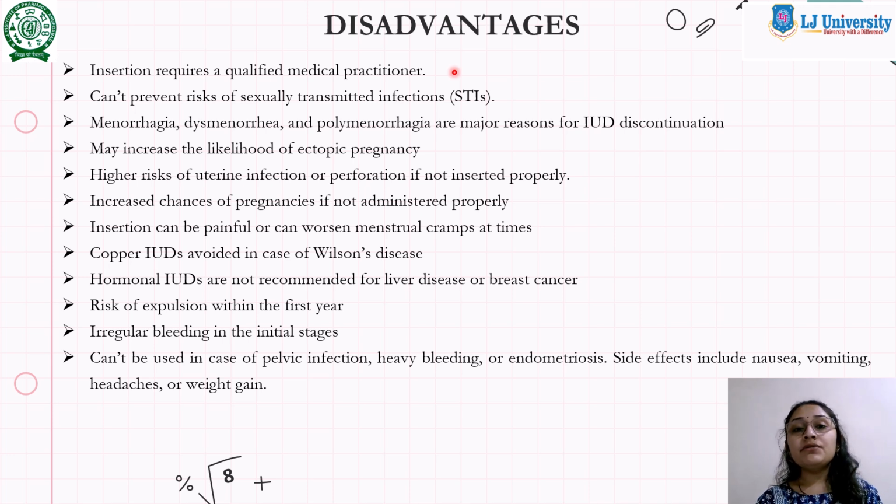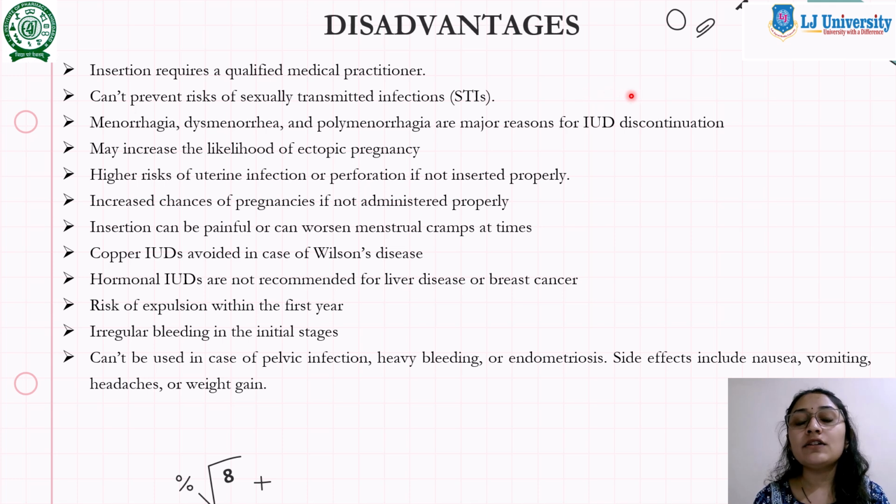This means an intrauterine device cannot be inserted by the patient themselves, but requires an expert who knows the whole process of IUD insertion. So it should always be administered by a physician. Then it cannot prevent the risk of sexually transmitted diseases. So this is one of the demerits of using an intrauterine device.